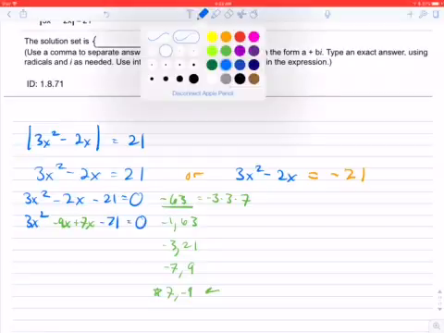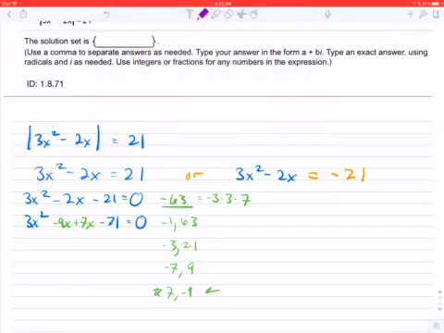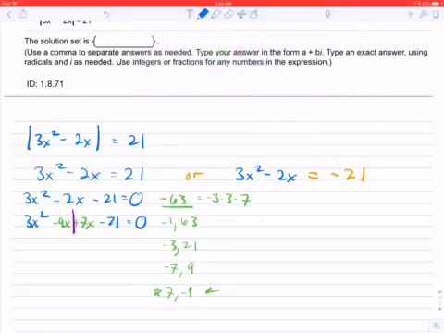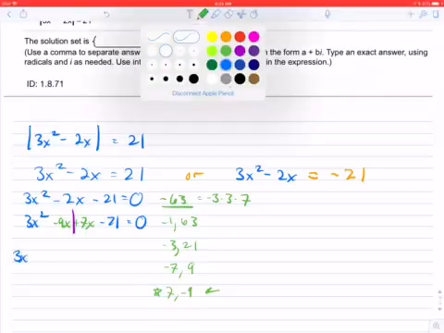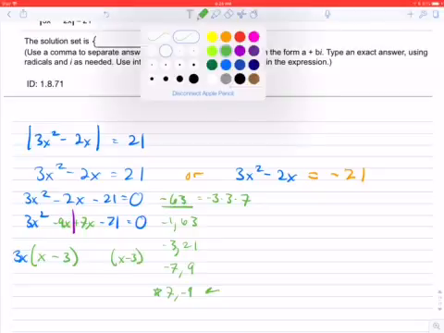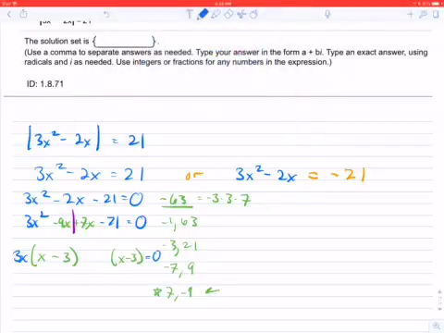Now we have four terms, so the technique here is factor by grouping. So what can we factor out of the first two? Well, the first two both have a 3x, and then we're left with x minus 3, it looks like. So the hint is that we're looking for another x minus 3 over here. We can factor out a 7 from both of those. If we distribute to check, we get 7x, we get a negative 21.